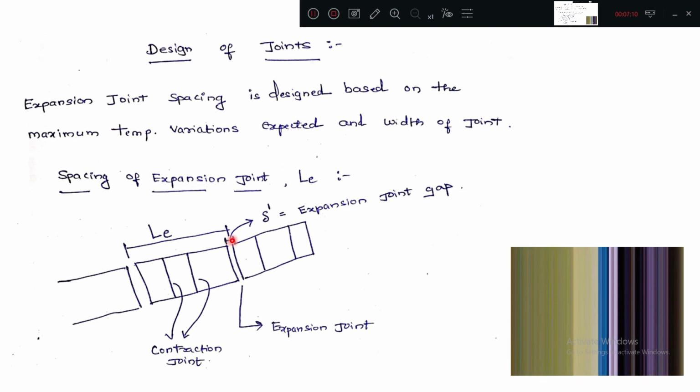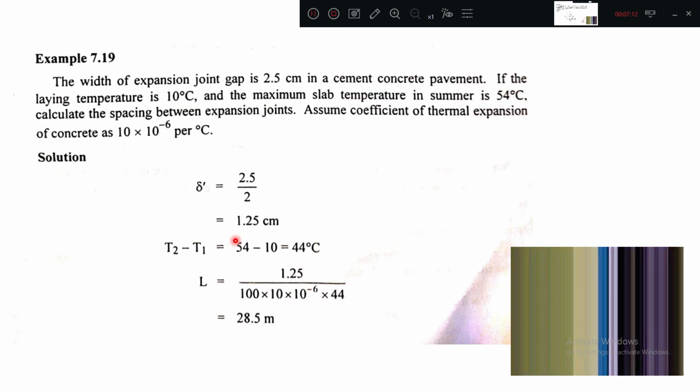So delta dash is nothing but delta by 2, 2.5 by 2, 1.25 centimeters. Values are substituted for delta in centimeters only. T2 minus T1, the degree Celsius difference, is 54 minus 10, 44 degrees Celsius.